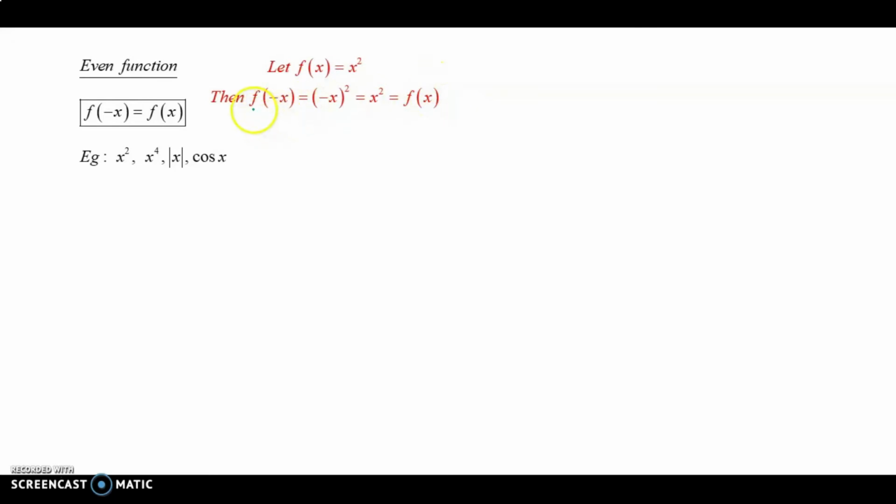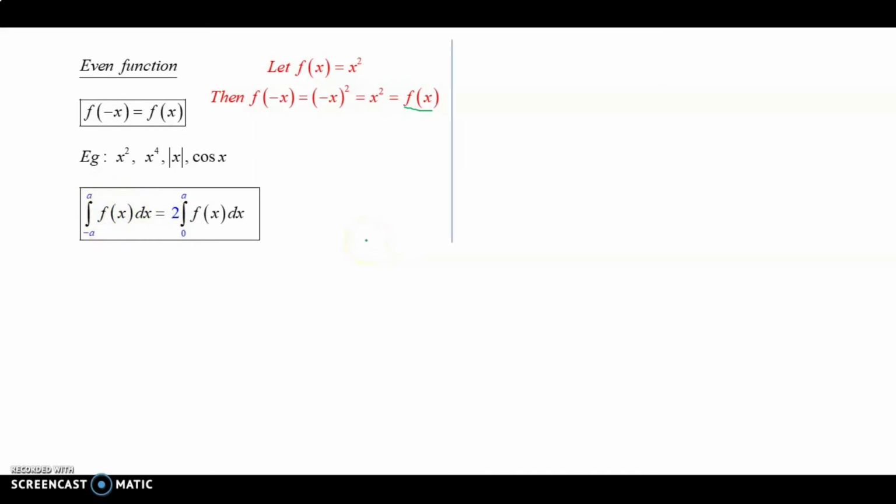That is, f of minus x equals f of x. Therefore, it is an even function. So if f of x is an even function, then the integration from minus a to plus a of f of x dx equals 2 times the integration from 0 to a of f of x dx. This is valid only when f of x is an even function.